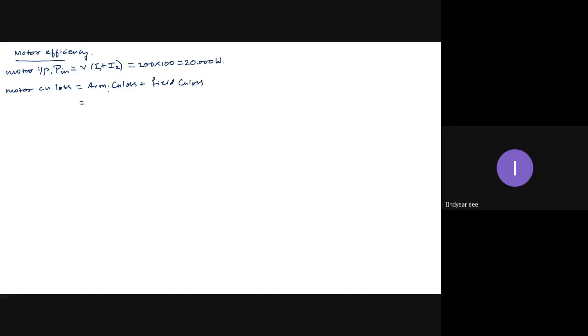This is equal to what? IAM square RA plus V into I4. This is equal to I1 plus I2 minus I3, square RAM, plus V into I4. Okay, what is IAM?